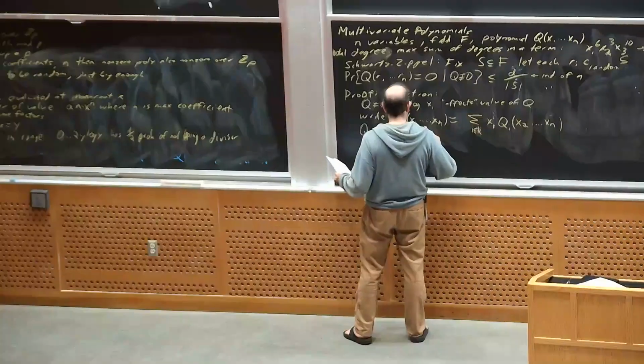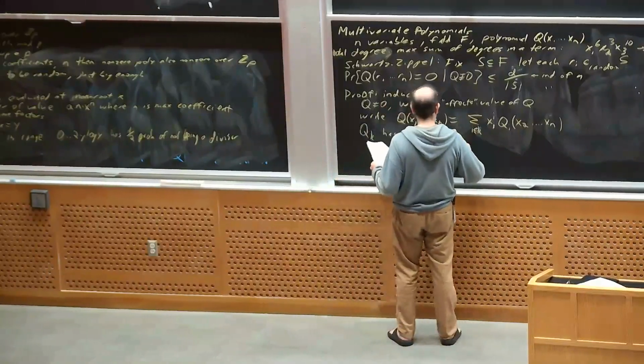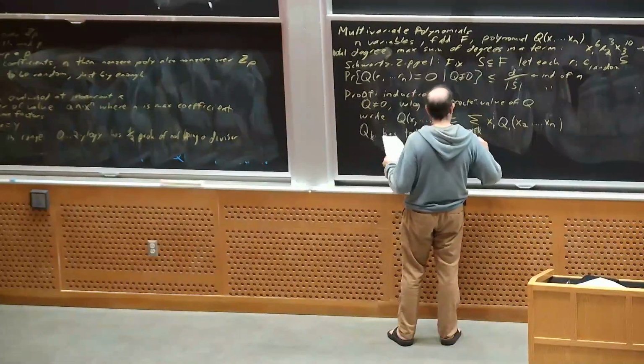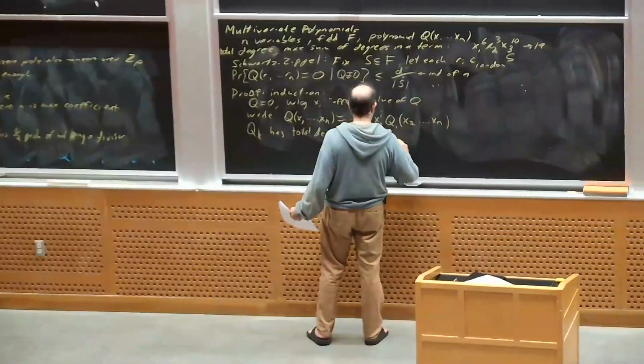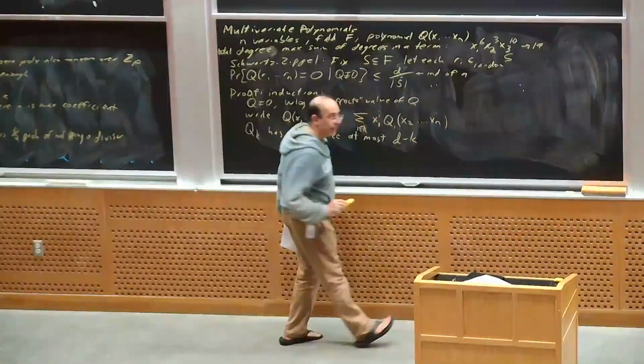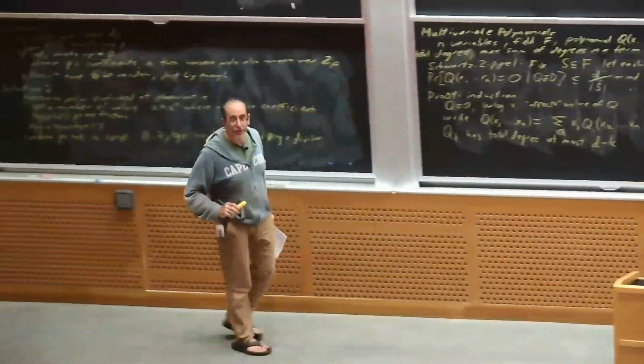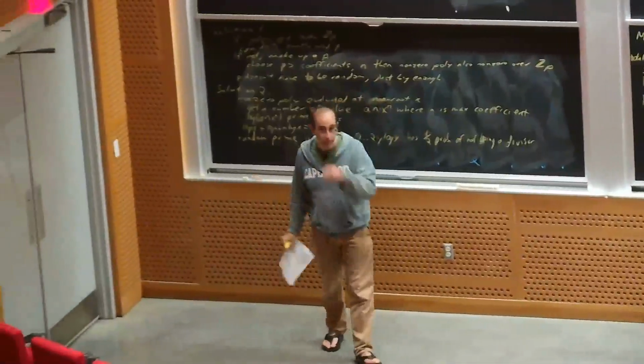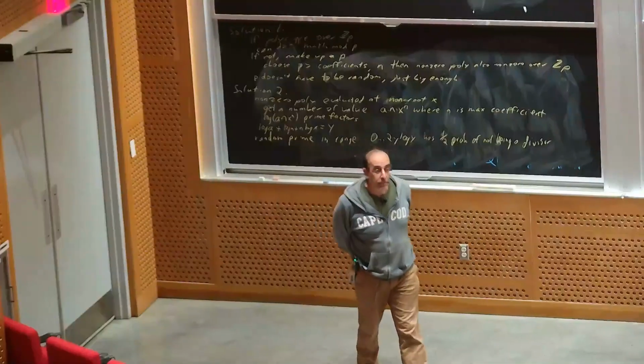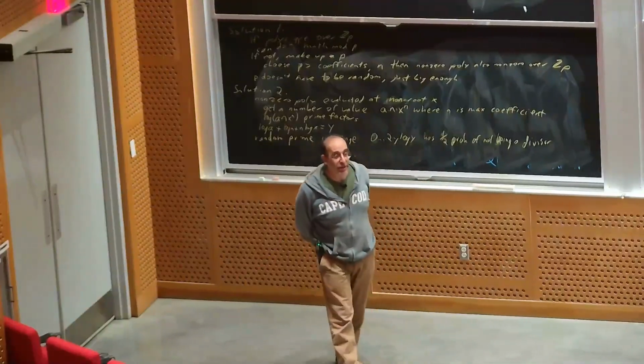Qk has total degree at most d minus k. Can anybody explain why that is? This is really just to make sure you're keeping up with the definitions.